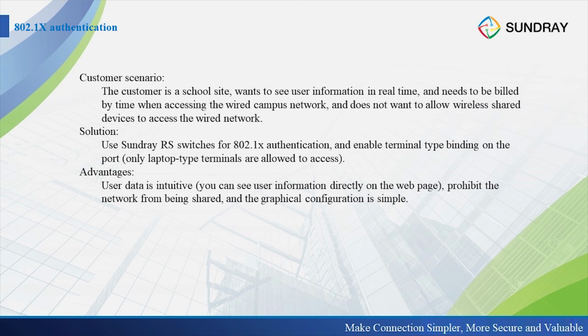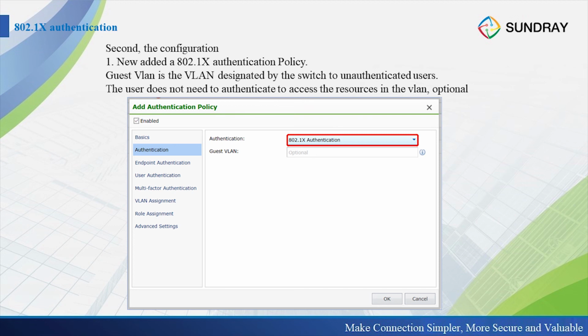Okay, the next is about the configuration. How to configure this kind of wired authentication. First, we need to add a new 802.1x authentication policy. Here for the guest VLAN, the users in this VLAN don't need to authenticate. They can access the internet directly.